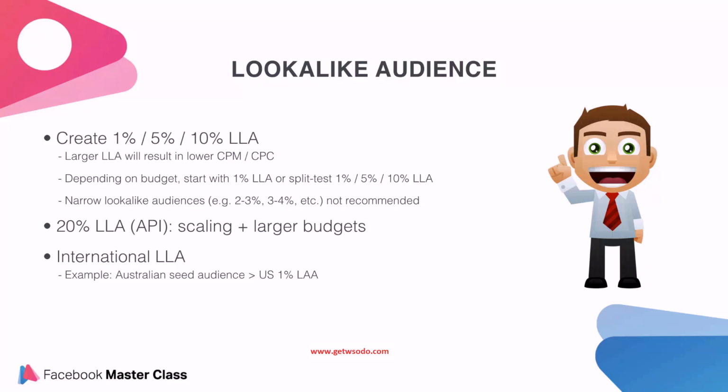So for example, if you started out with an Australian seed audience and you made a decent amount of purchases and sales in the States and you have a new seed audience, of course, split test those two different seed audiences. Split test the Australian seed audience, the audience you started out with, against the new seed audience that contains US buyers, but still, to start out, one seed audience is enough.